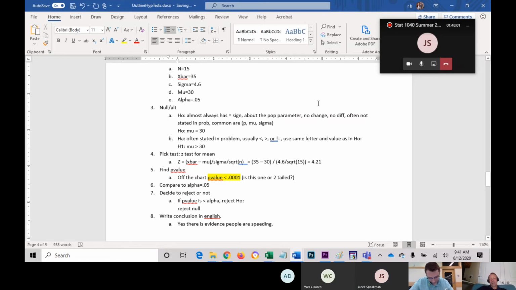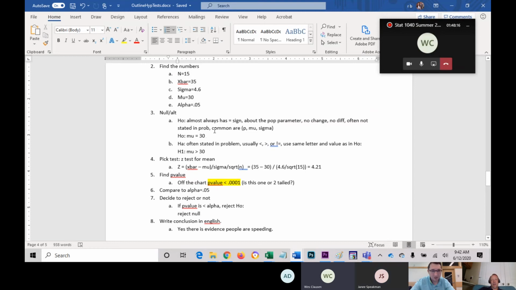Do you agree, Wes, with Janie's conclusion? No, because our p-value was less than the alpha, so we have to reject the null. Remember, the null said the speed people were going was 30, and we rejected that.